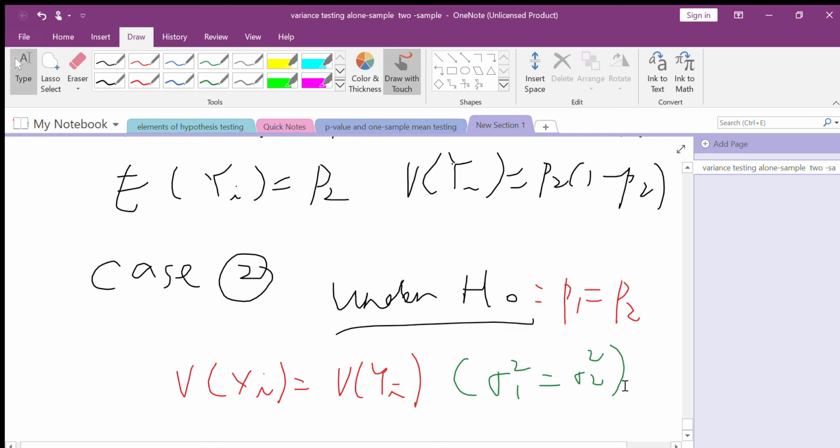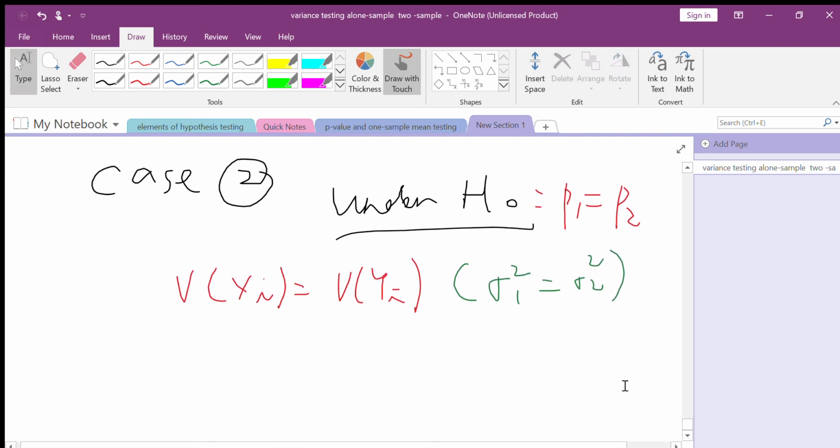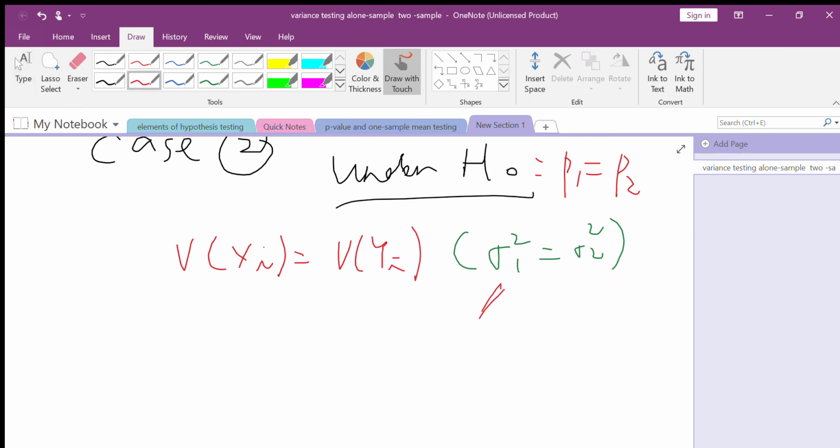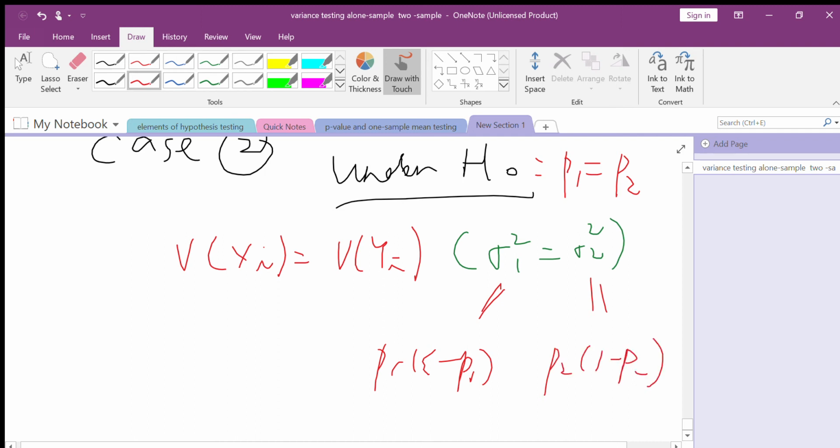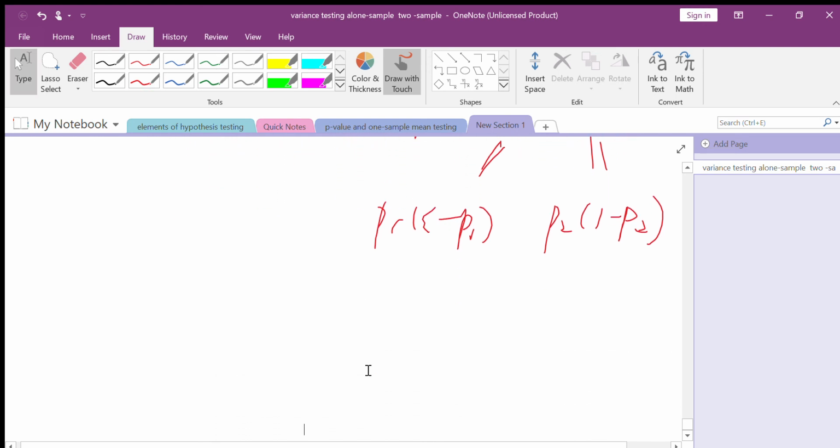In this case, sigma 1 squared is p1 times 1 minus p1, and sigma 2 squared is p2 times 1 minus p2. Since we don't know what p1 and p2 really are, but we know that under H null they are equal, this is case 2.